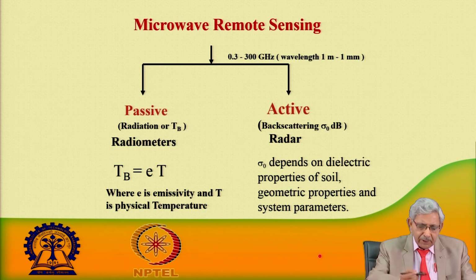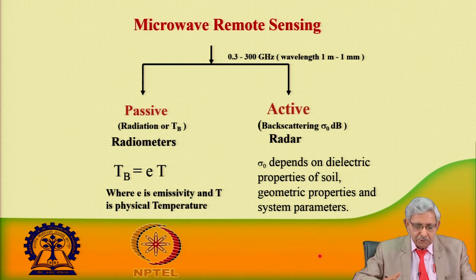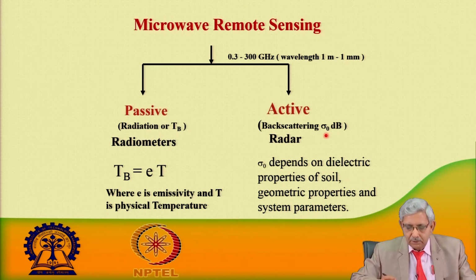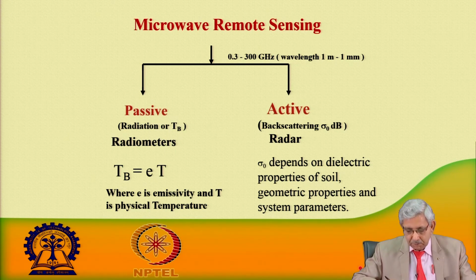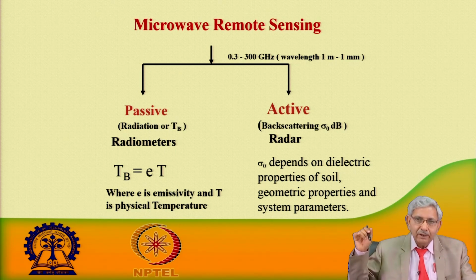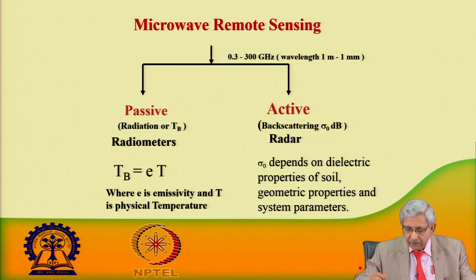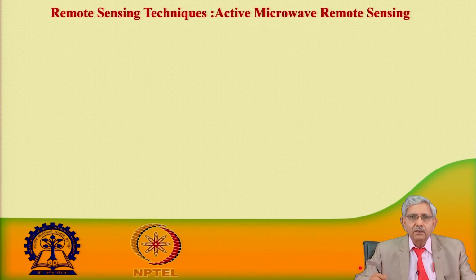Passive sensors measure the emission property of the material, whereas active sensors are measured in terms of the scattering coefficient, given by sigma 0 in decibels. Sigma 0 depends on the dielectric property of the soil, geometric properties, how the beams are transmitted from the source, and other system parameters.